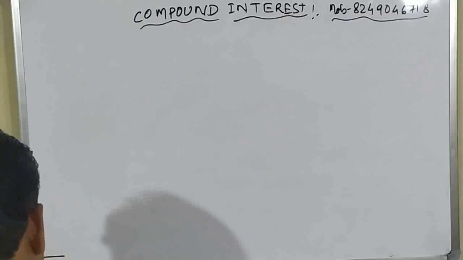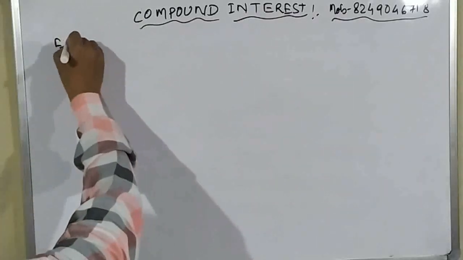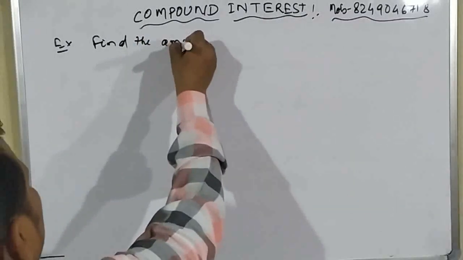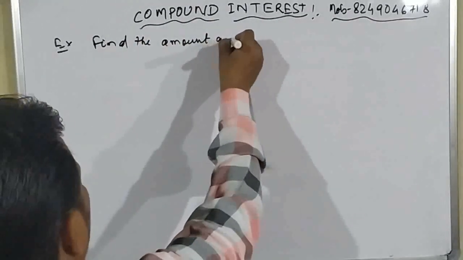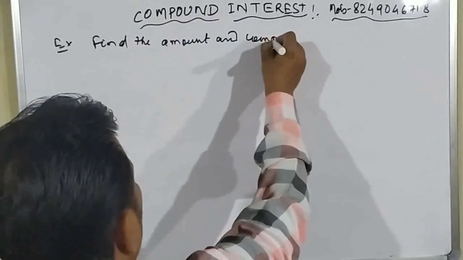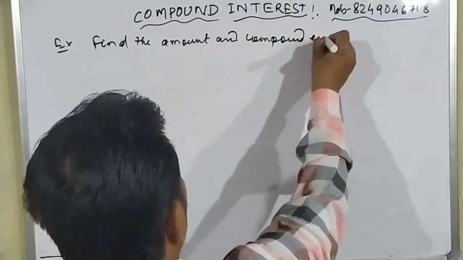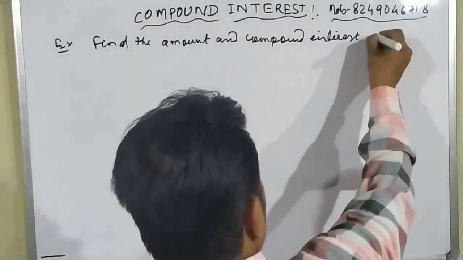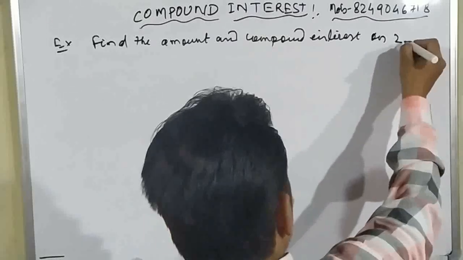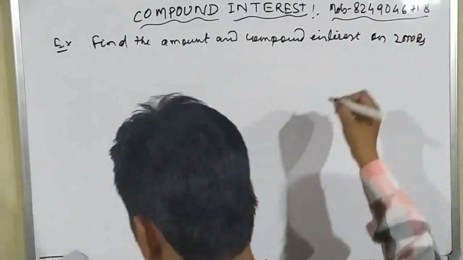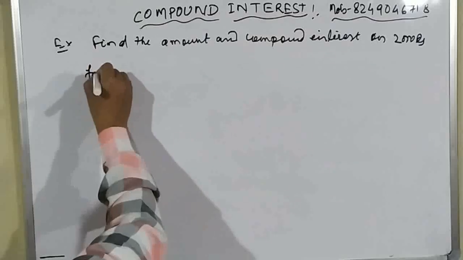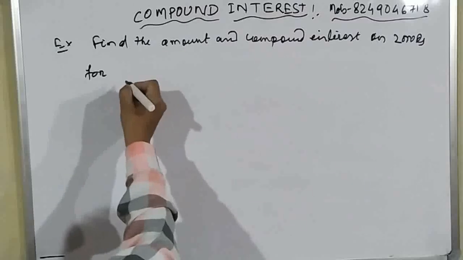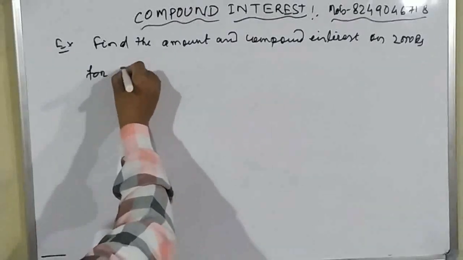Find the amount and the compound interest on 2000 rupees for 3 years.